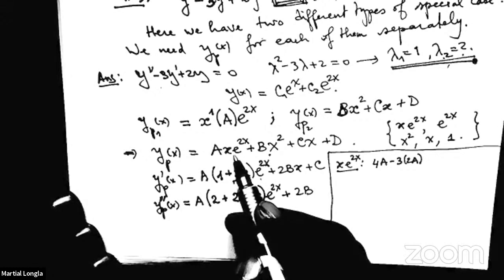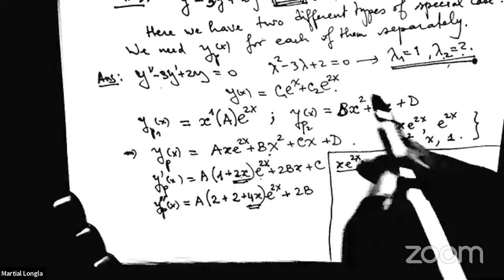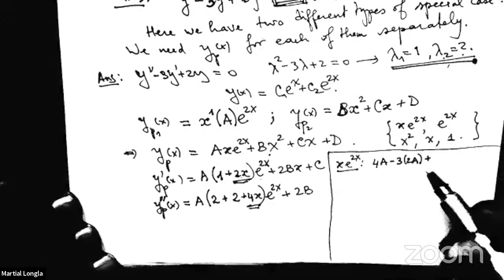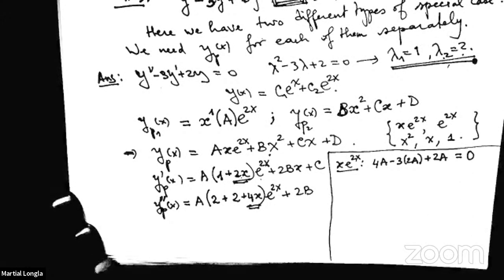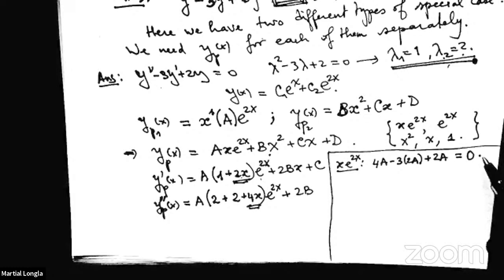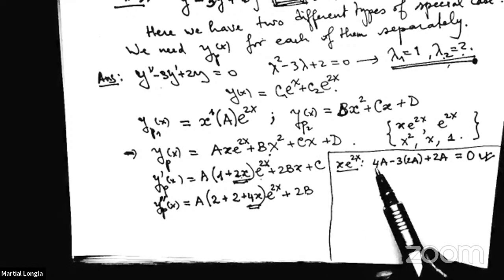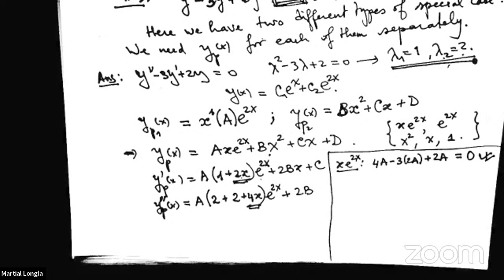We go to the original function, that's a times 2, because in the equation you got a 2 there, so 2a, equals 0. On the right hand side of the equation, you don't have any x e to the 2x. And that is 4a minus 6a plus 2a, 0. So that equation is 0 equals 0. It's not going anywhere.